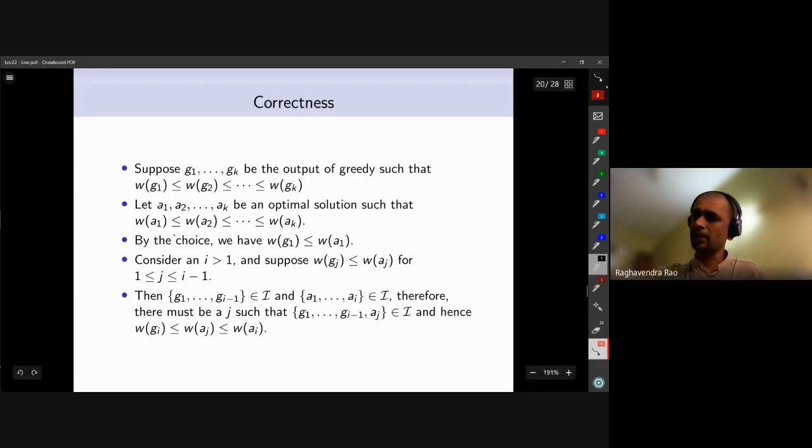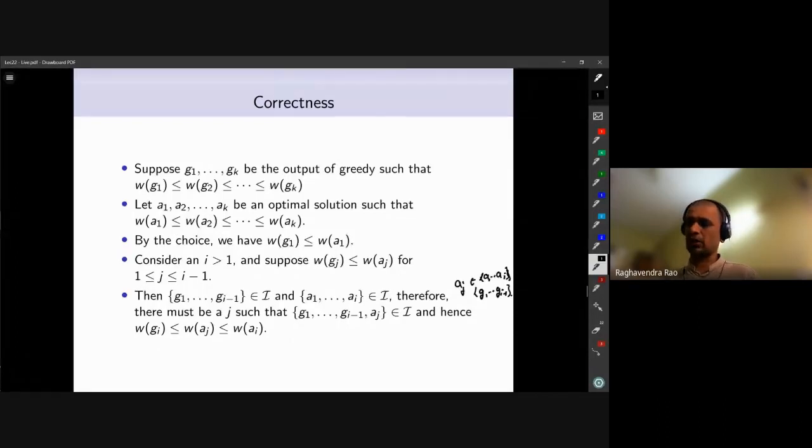I hope it is clear. This Aj is in the set A1 to Ai minus G1 to Gi minus 1. It's apart from G1 to Gi minus 1, because otherwise this statement is not interesting. By the exchange property, there is an element Aj which is not among G1 to Gi minus 1, such that if you add it, it's going to be independent.